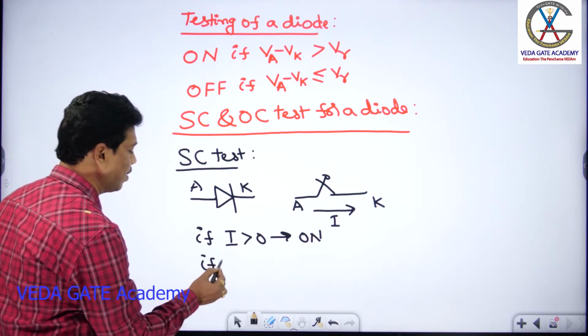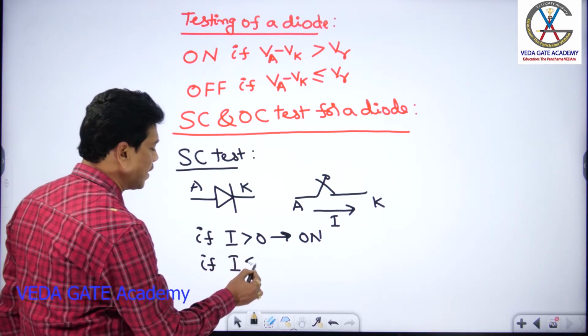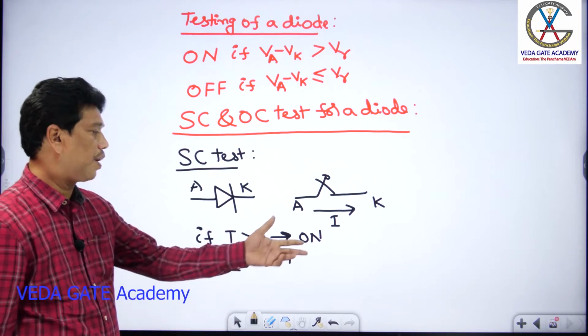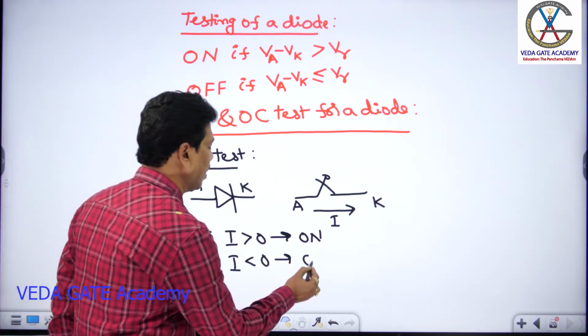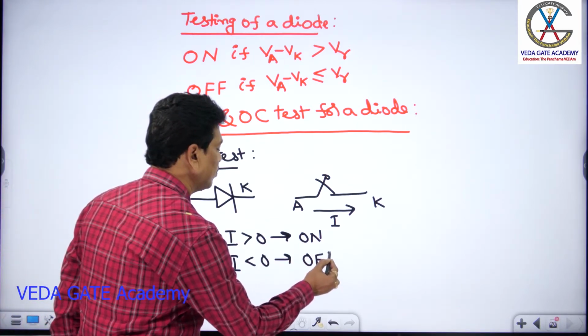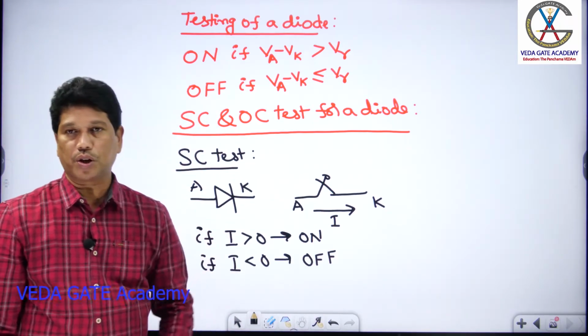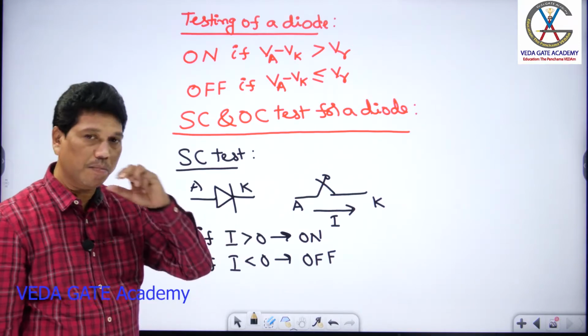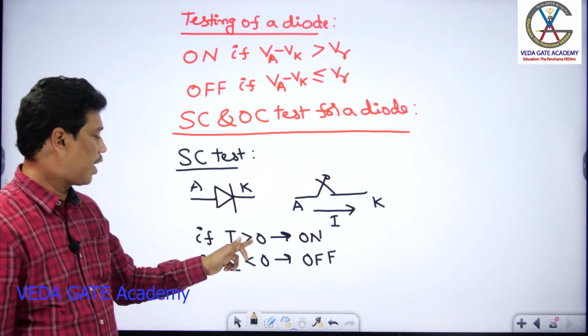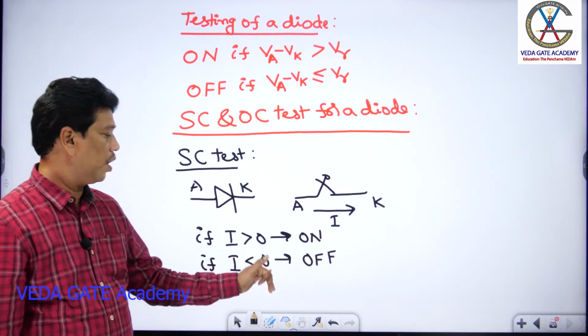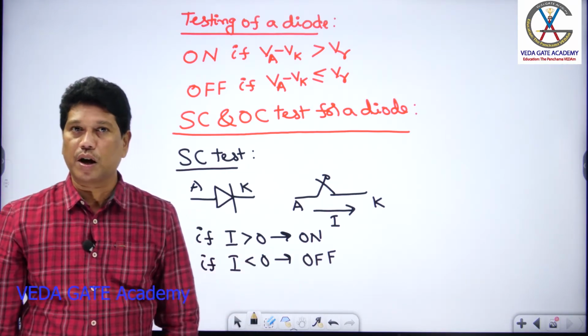Suppose if I is less than 0, that is the current is negative, then the diode should be in the off state. Understand this? So assume that the diode is a short circuit, and then identify the current from anode to cathode. If the current is greater than 0, the diode is in the on state, and if the current is less than 0, the diode is in the off state.